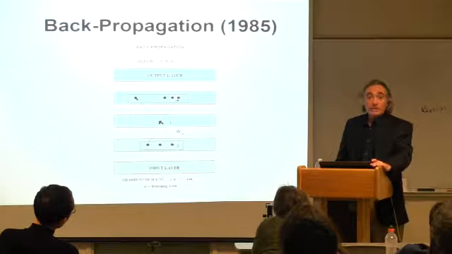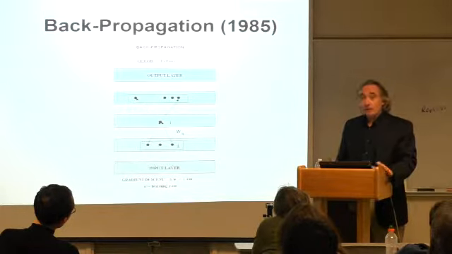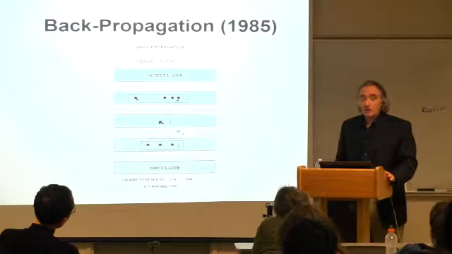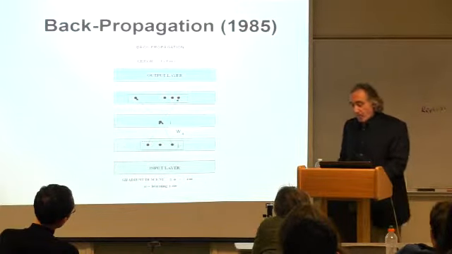I actually don't think that you require backpropagation. There are other ways to do it, and I'll show some of them later in the talk. But I don't know of any such response.